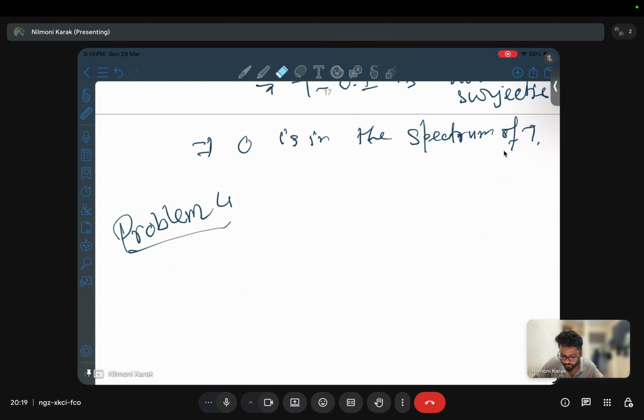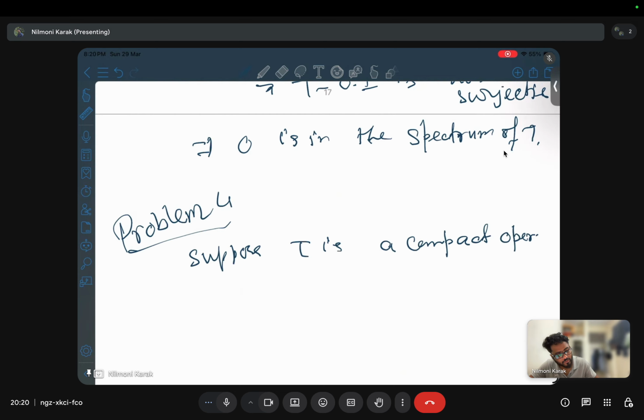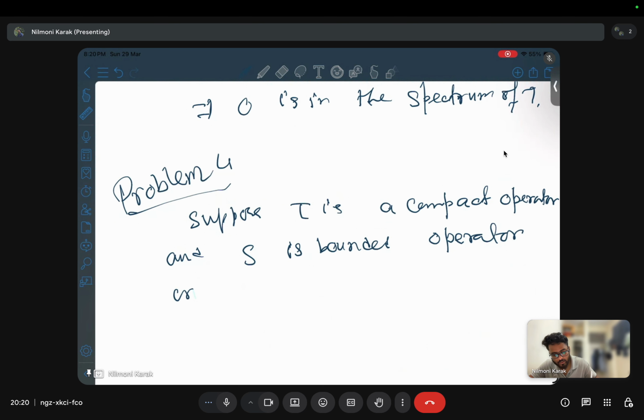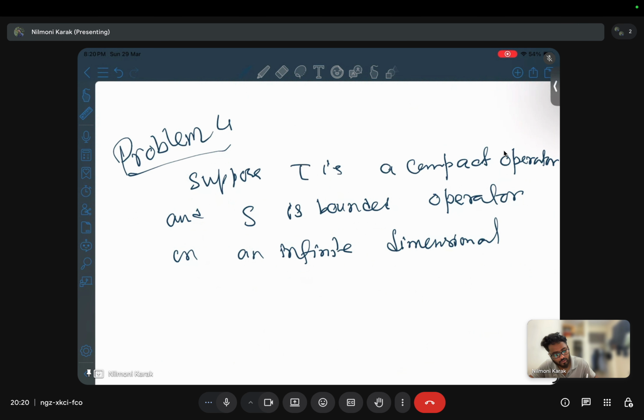Okay, suppose T is a compact operator and S is a bounded operator on an infinite dimensional Hilbert space.